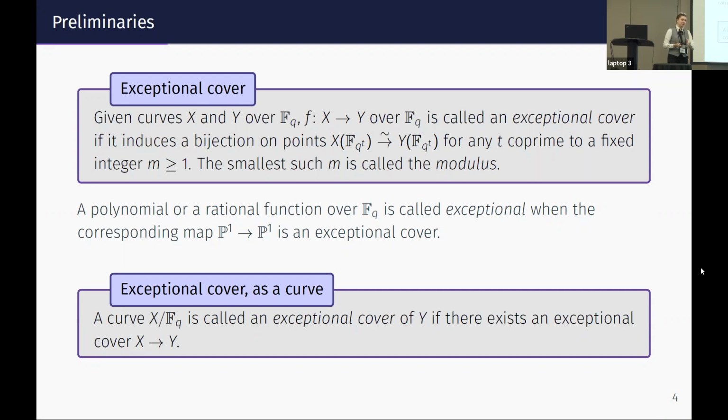To be more precise, what we will be doing is looking for curves C that are exceptional covers of P1. The difference is that we don't want pi to be bijective only on Fq. We want it to be bijective on infinitely many extensions of Fq.